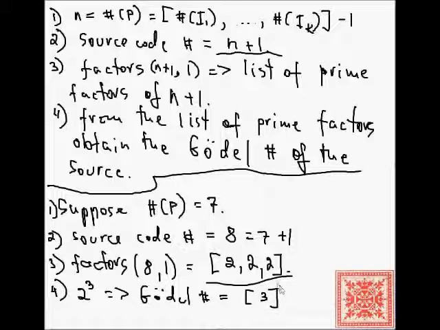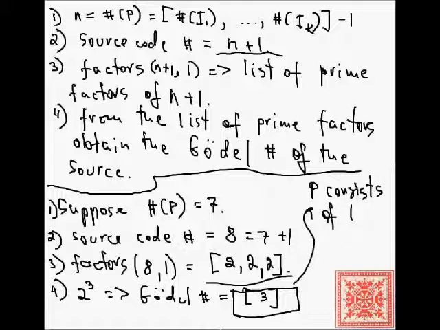It means that 7 encodes an L program with 1 instruction, and that instruction compiles to number 3. So the program P consists of 1 instruction, and that instruction number is 3.